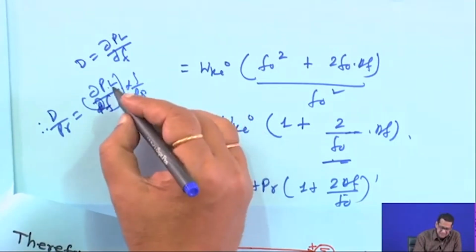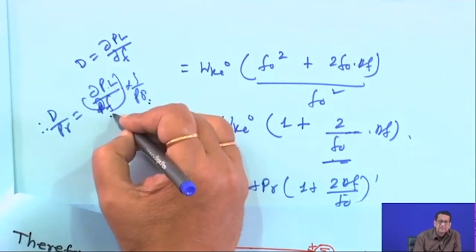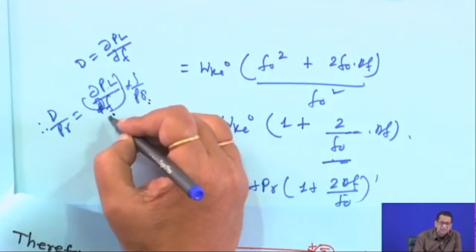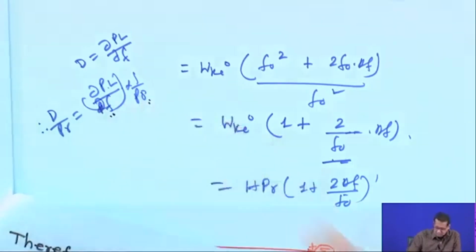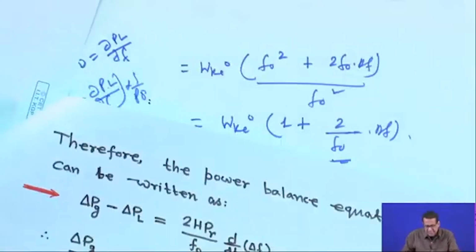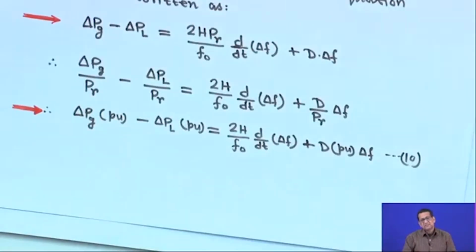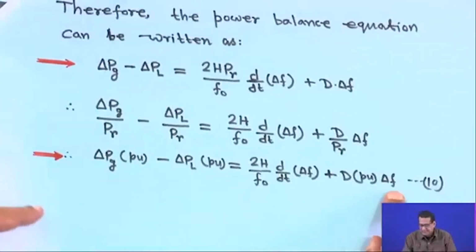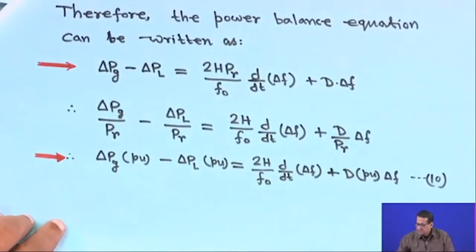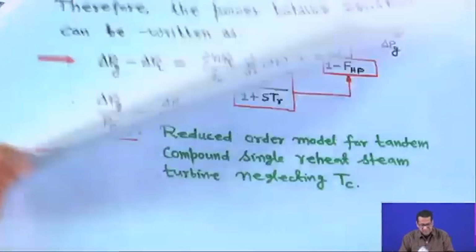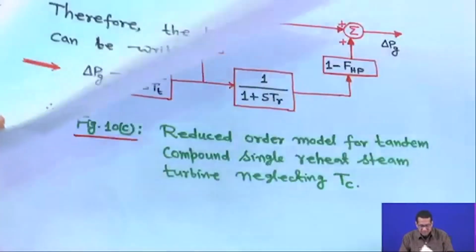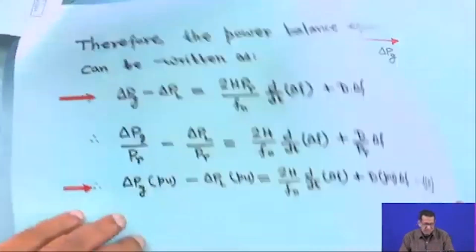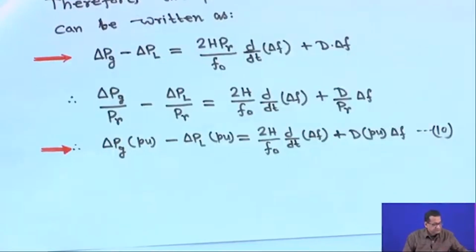That is why this and this are per unit, but this will remain hertz, frequency will be hertz, right. That means the unit of D will be per unit megawatt per hertz. So, that is why this D here is written in per unit. So, D is also per unit into delta f, this is written, right. This is equation 10.